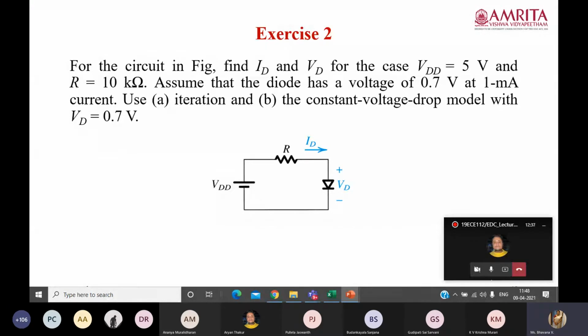Assume that the diode has a voltage of 0.7 volt at 1 milliampere current. Use the iterative method first, and then the constant voltage drop model with VD equal to 0.7, to determine ID and VD.